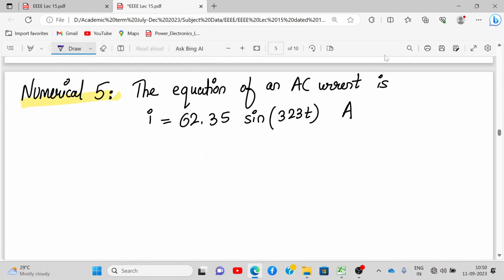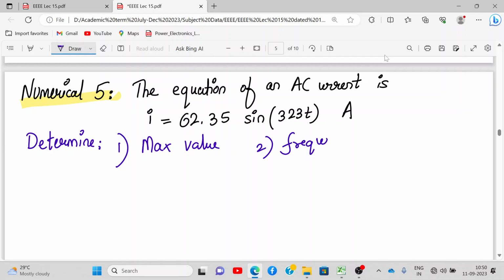So we need to determine: first, the maximum value; second, the frequency; third, the RMS value.